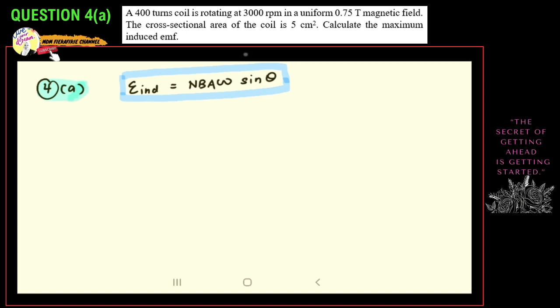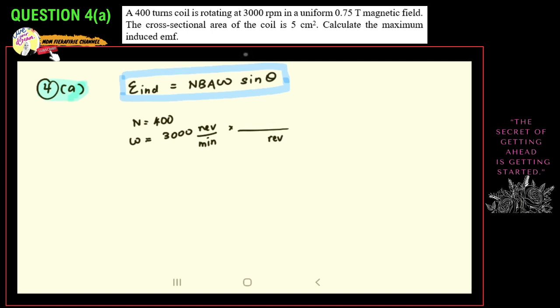Okay, so this is the equation. Given that the number of turns is equal to 400 and it's rotating at 3000 revolution per minute. So the angular velocity omega is equal to 3000 revolution per minute. Okay, buat satu-satu. So we need to change the unit revolution per minute into radian per second. So times, look at here. Revolution at the top of the fraction, so we need another one in order to cancel the unit, right? Okay, so revolution ke atas, satu lagi revolution ke bawah.